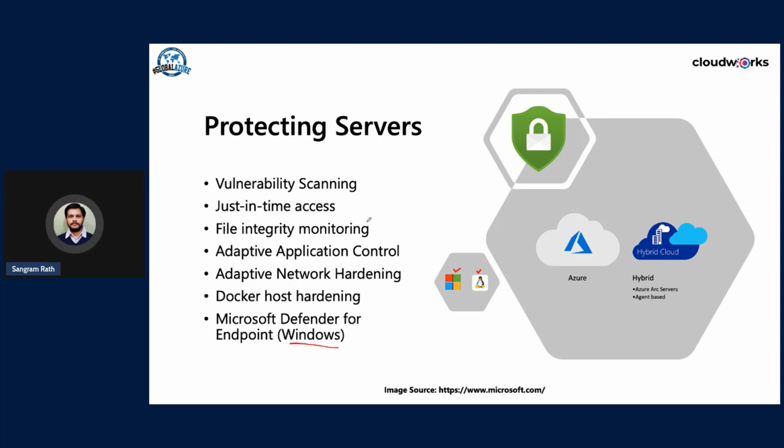Similarly, we've got another capability that I want to talk about quickly, and that is just-in-time access. One of the security recommendations is that you do not want to have your management ports open all the time and from everywhere, right? So just-in-time access provides you with a capability of enabling management ports only when it is required. That's called JIT, or just-in-time access.